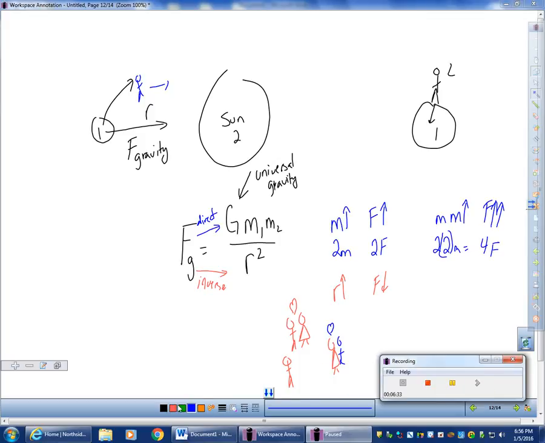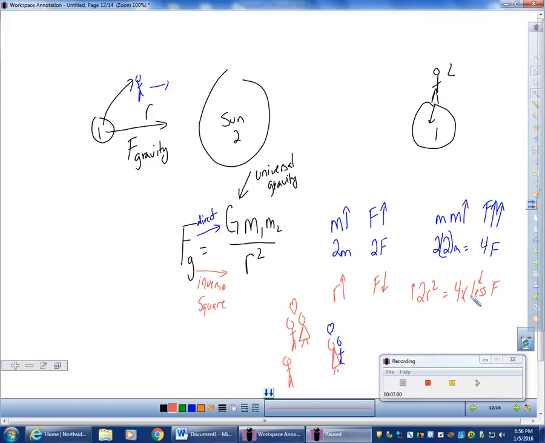Let's look at some examples of this one. Here my radius is being squared. So it's not only an inverse relationship, it's what we refer to as an inverse square relationship. So here, if I double my radius, because it's squared, I already see 2 squared, 4 times the change. So I've got 2 times more radius, I get 4 times less force.